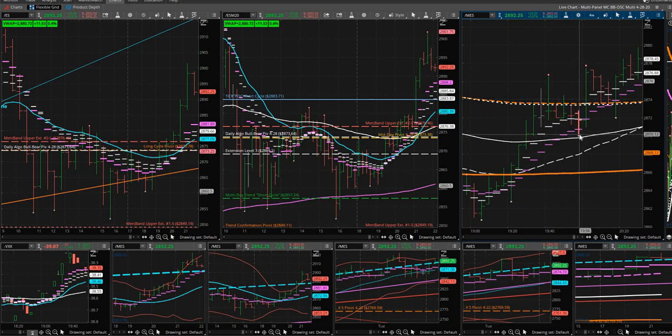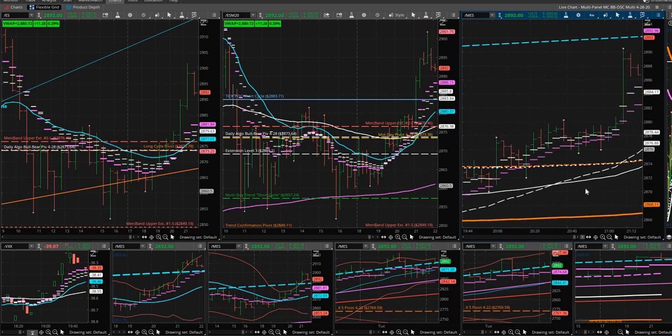Now, that wasn't an invitation to short. Notice that the white pivot is still above the purple pivot. All this was a little consolidation, and then it goes again. And then you get another consolidation here. Notice how these two pivots, the white and the purple algo, are close together. That's not an invitation to short. The algo is still long. And boom, it goes again.